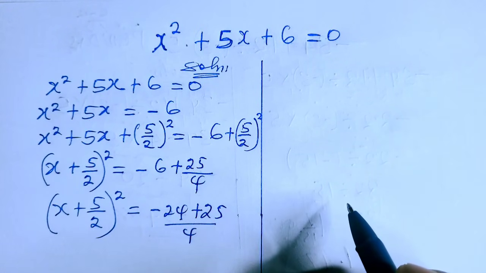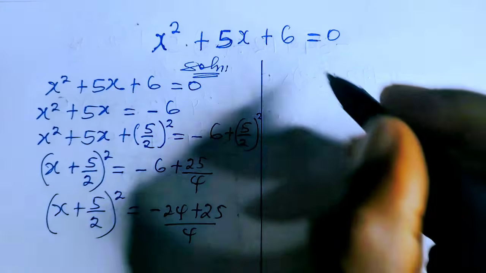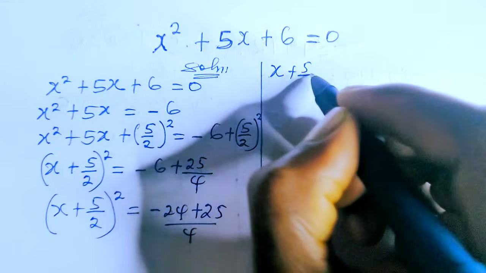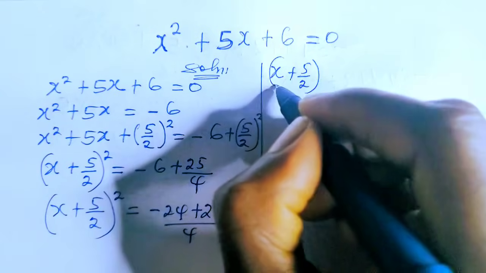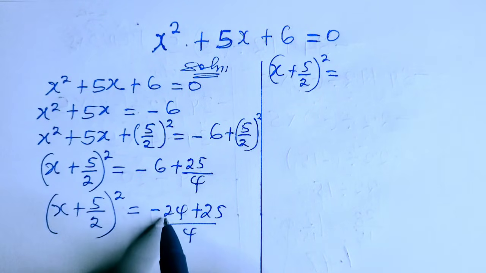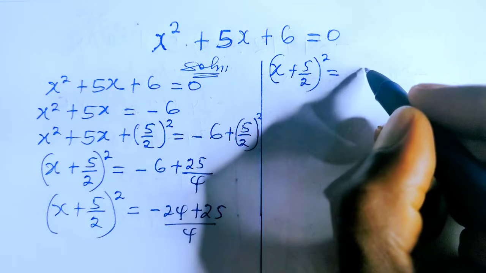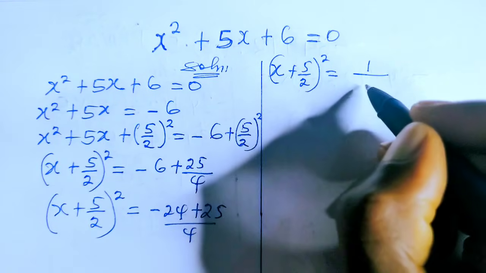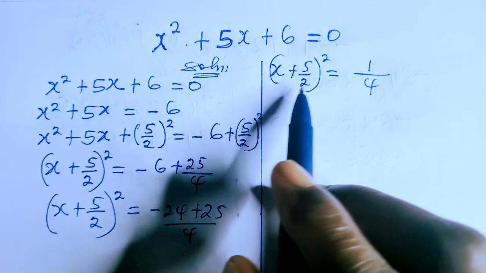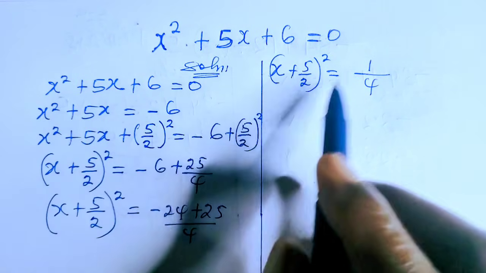At this point, you still bring this down, this will give us (x plus 5 all over 2) all squared equals, here minus 24 plus 25 will give us 1, then all over 4.